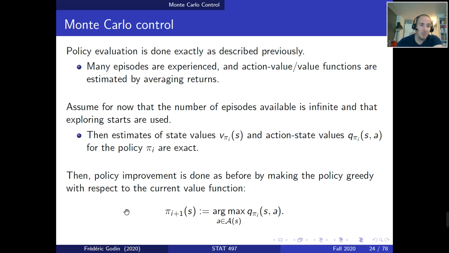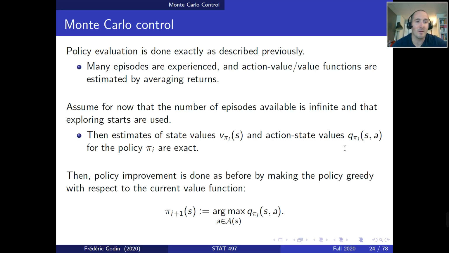For that reason, through the law of large numbers, we would have a perfect estimate of the state value function v pi I and the state action value function q pi I SA. The estimates would match the true value function.